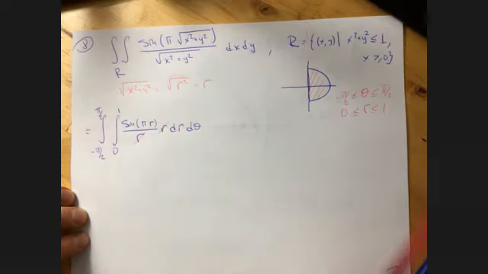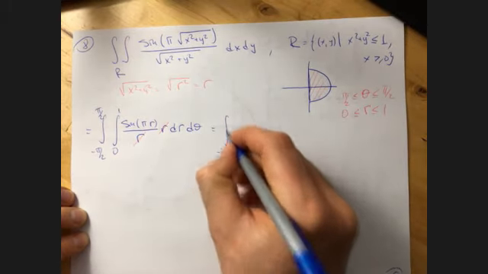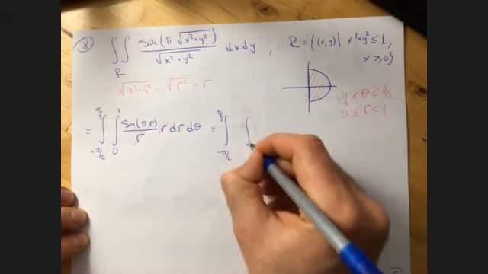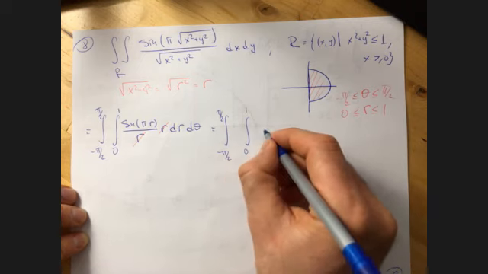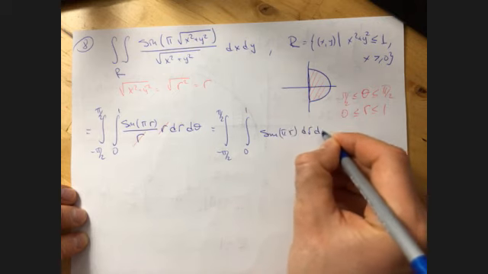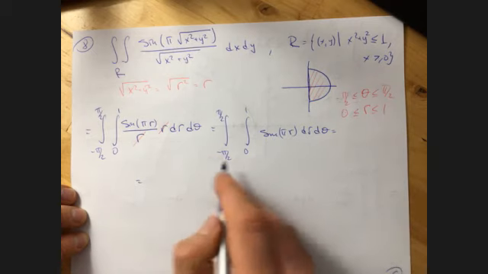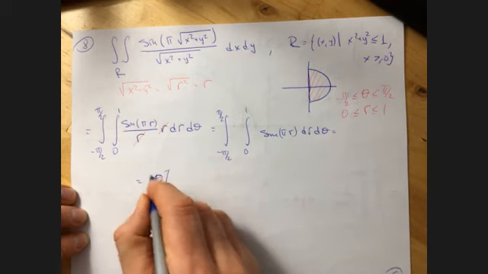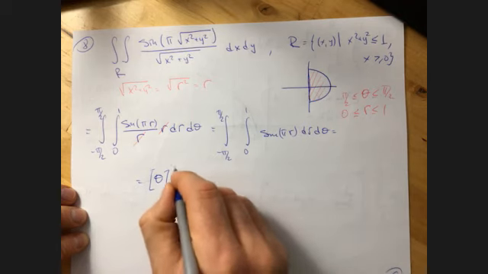Well, r and r cancel out, and I have the integral from negative pi over 2 to pi over 2, the integral from 0 to 1, sine of pi r dr d theta. These integrals are independent, so right away I can evaluate the integral d theta, so it's from negative pi over 2 to pi over 2.